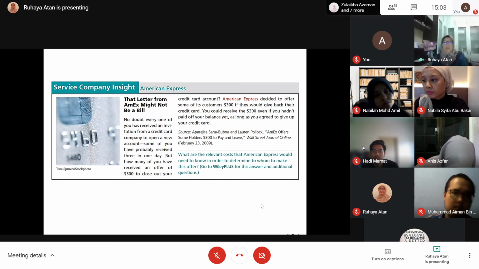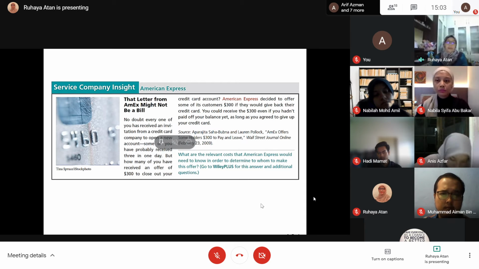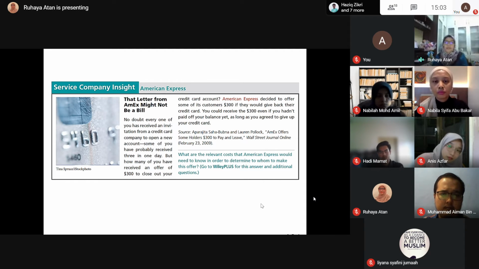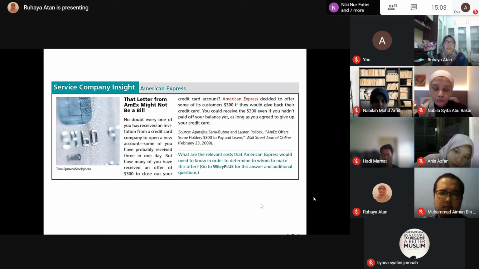Sometimes the bank can easily just stop us by the mall whenever we're going shopping, and the bank representative will stop you and ask you to open a credit card account for free. You fill out all the details, and the next day you get your card. Some of you have probably received 3 in one day. There are so many banks that want to offer you credit cards. But how many of you have received an offer of $300 to close out your credit card account?